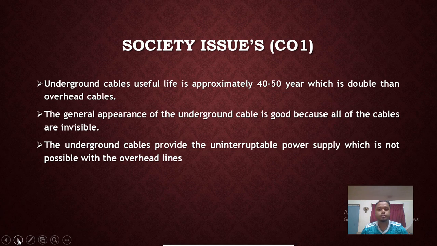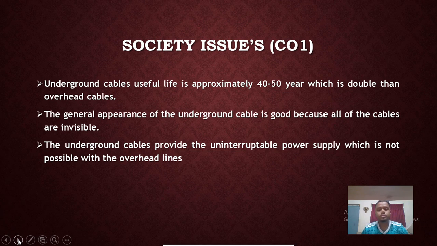The society issues. The underground cable's useful life is approximately 40 to 50 years, which is double that of the overhead cable. The general appearance of the underground cable is good because all of the cables are invisible. You cannot see them like overhead cables.